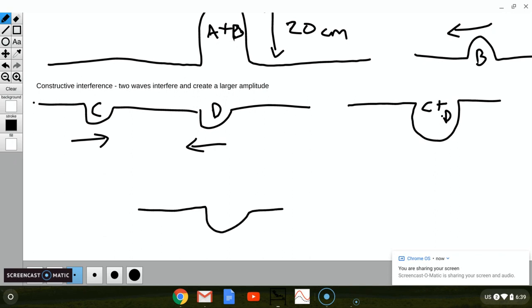You'd see the original two pulses. Those are supposed to be the same size as they were before, but now they've moved past each other. So now D is moving to the left, and C is still here moving to the right. Okay, so they interfere with each other, create a big amplitude, and then they just head their own separate ways, the ways they were going before, without losing any energy.